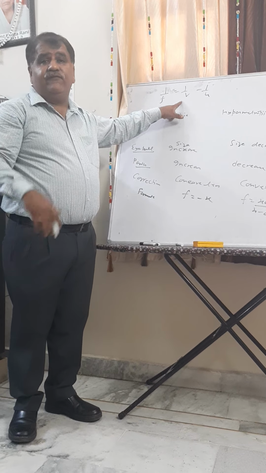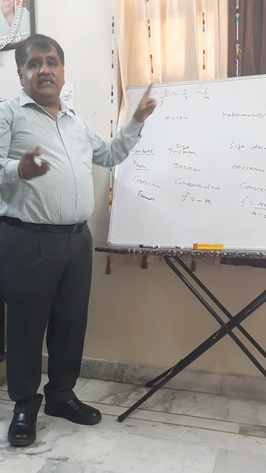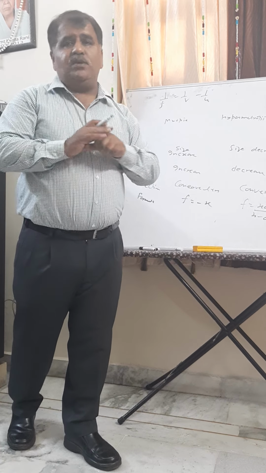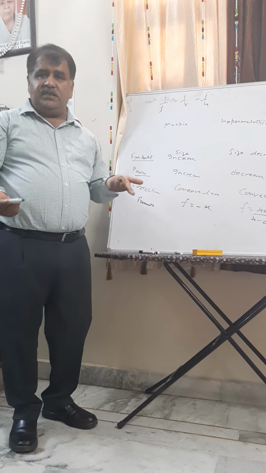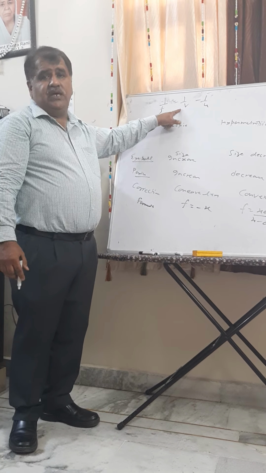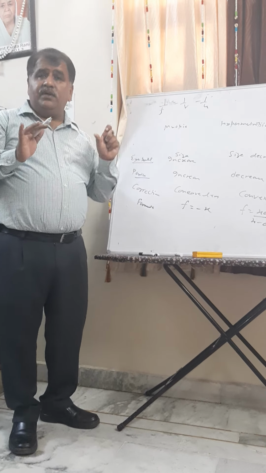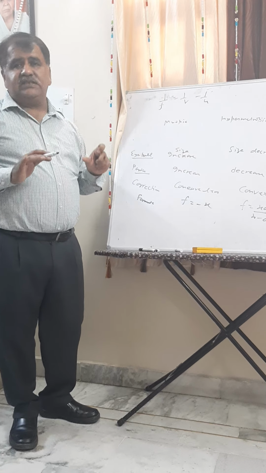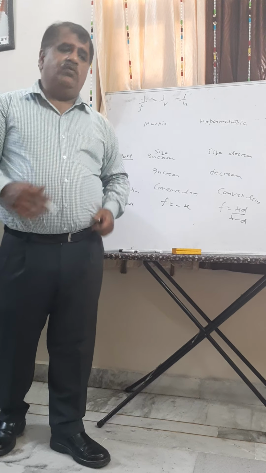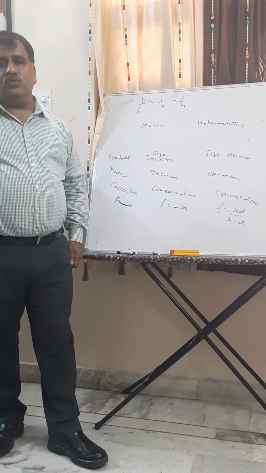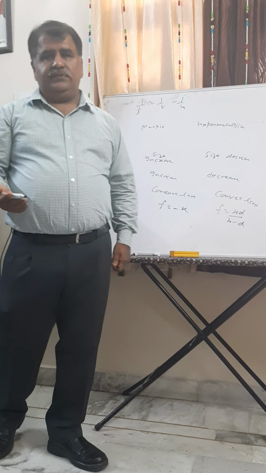V is the defective far point. Whereas in hypermetropia, U is 25 centimeter, or it is given in the numerical, and V is the defective near point. With this, I'll end today's lecture. In the next module, we'll be discussing how to solve numericals. Thank you so much.